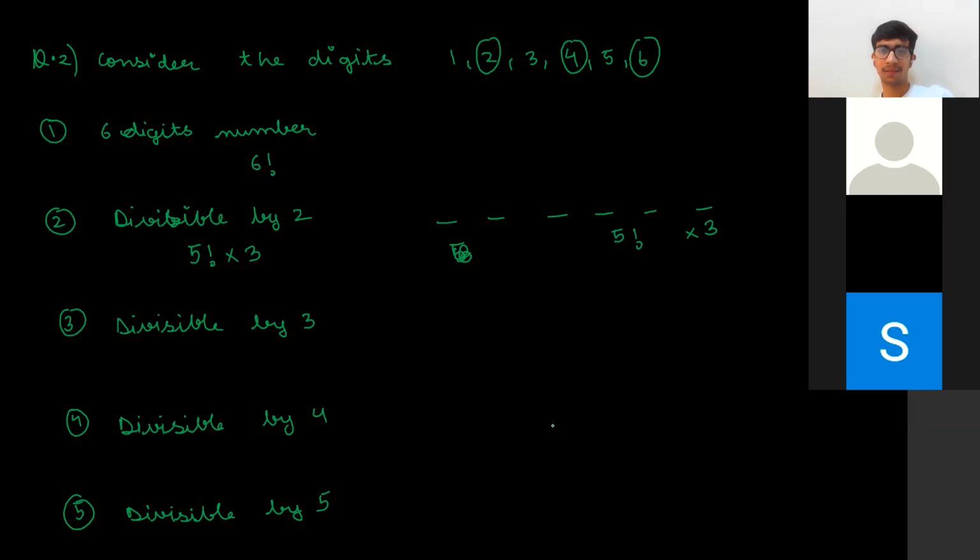So is mine correct? No, yours is not correct because divisibility of 3 is कि last 2 places पे 3 का multiple होना चाहिए. Smera still incorrect. 5 factorial क्यों? So the sum of all digits is 21.